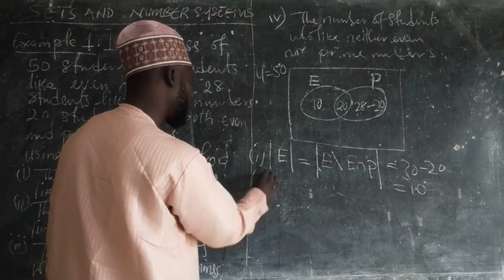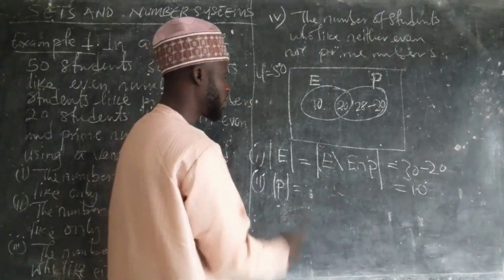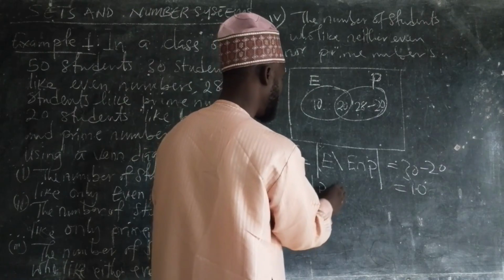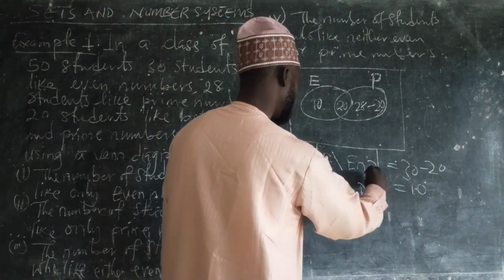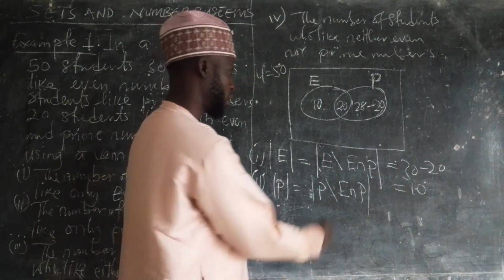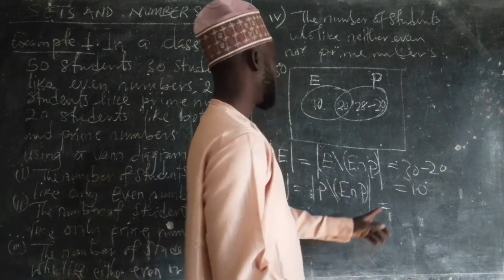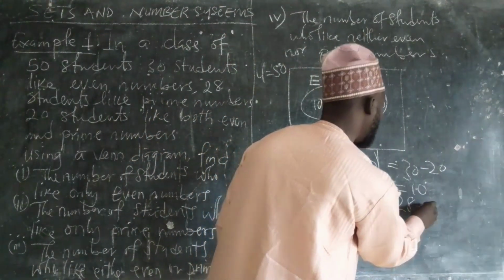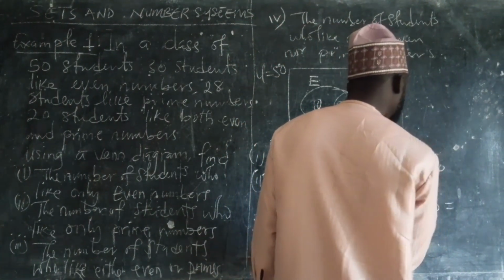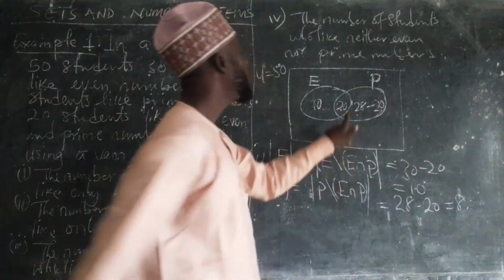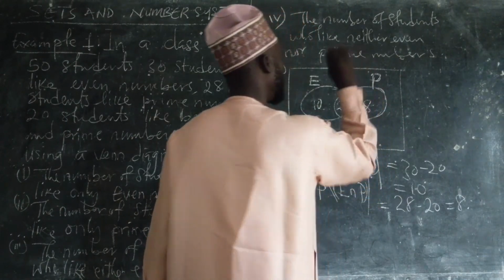To answer the second question, the size of P only is equal to the size of P minus the size of E intersection P. This is 28 minus 20, which gives 8. So only 8 students like only prime numbers. I clean this and put 8 here.